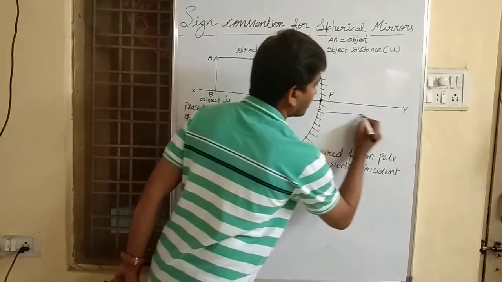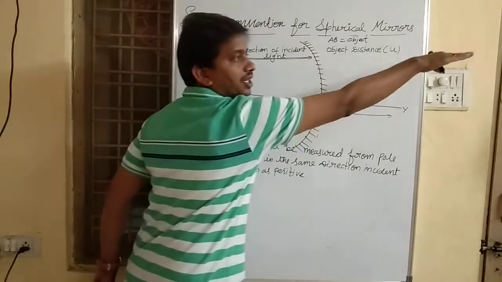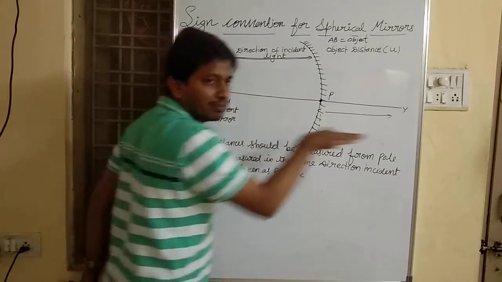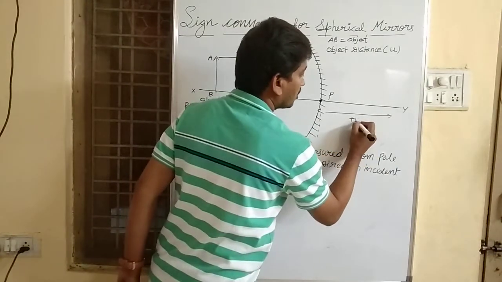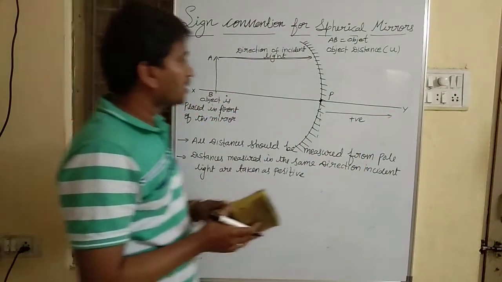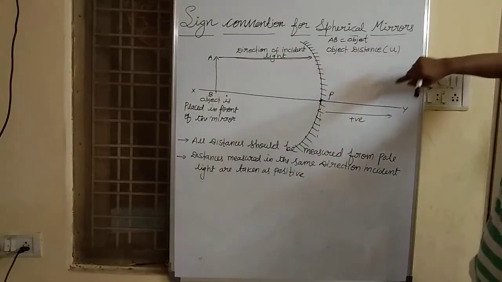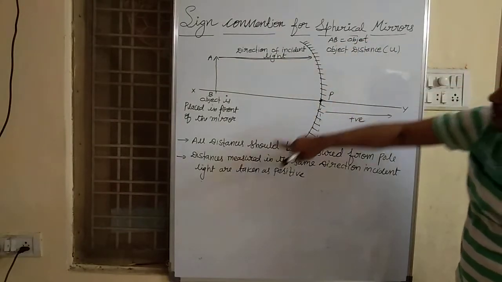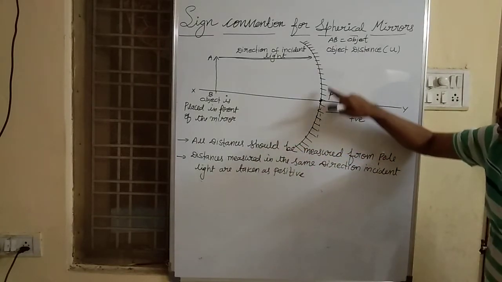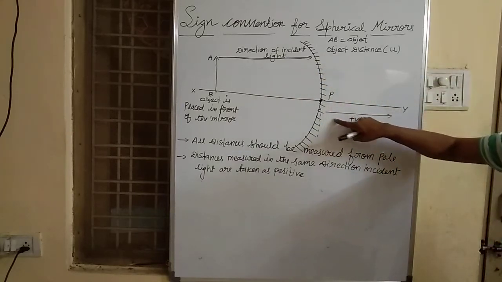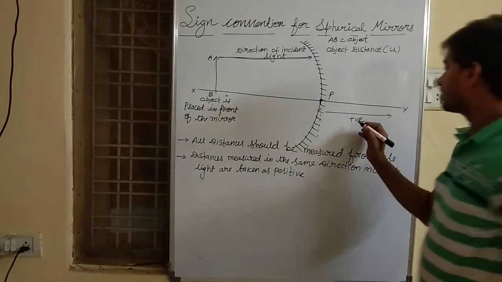So if you go from this side to this side, it will be positive, because it is in the direction of incident light.